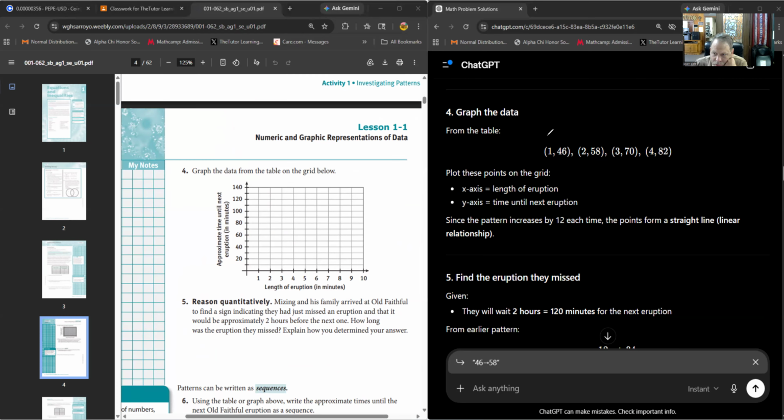So we're doing our X axis and our Y axis. X, Y, X, Y, X axis, Y axis. So 1. So we go across the X axis first to 1 and to 46. Looks like it's around about there to 46, just below the 50 mark.